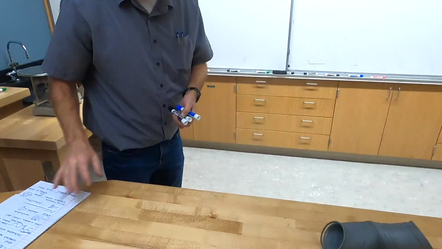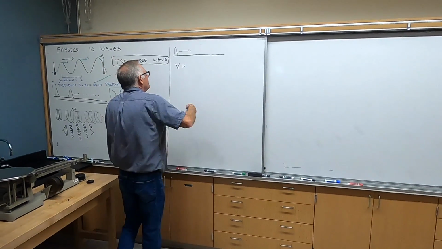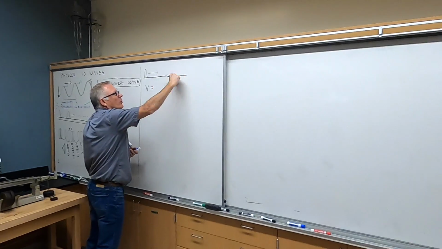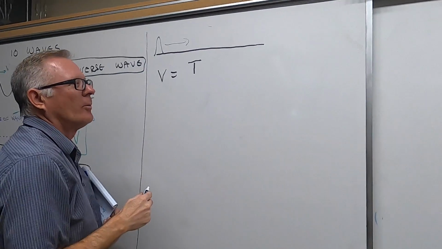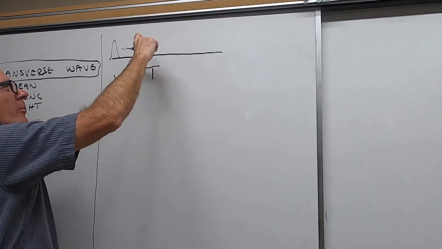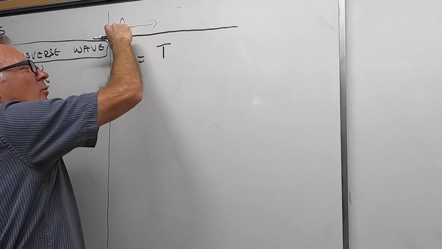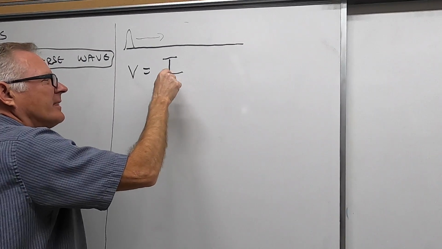So actually, for a wave on a string, the speed will go faster if you pull the rope tighter. So it depends on the tension in the rope. And it also depends on the thickness of the rope. A real fat rope will go real slow. So in the bottom, I'm going to write TH for the thickness.